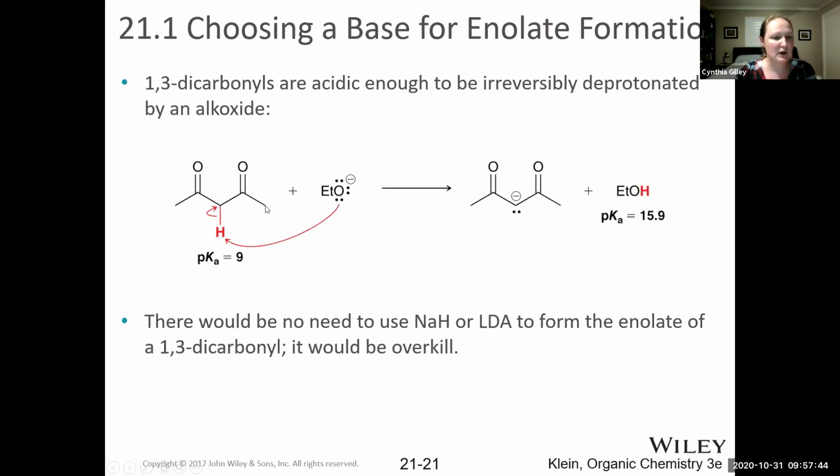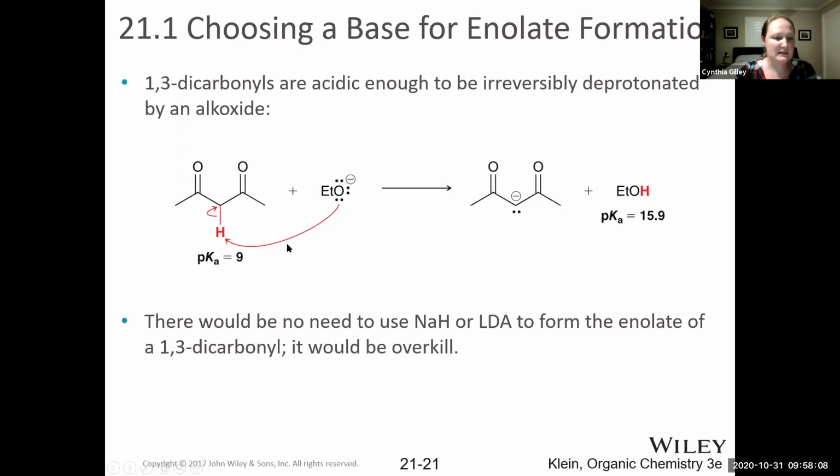So we would not want to show deprotonation of one of these terminal methyl groups. While they are alpha to a carbonyl, they're only alpha to one carbonyl. The pKa of these hydrogens at the end of the molecule is more like, again, 18, 19. So the hydrogens inside are much more acidic.